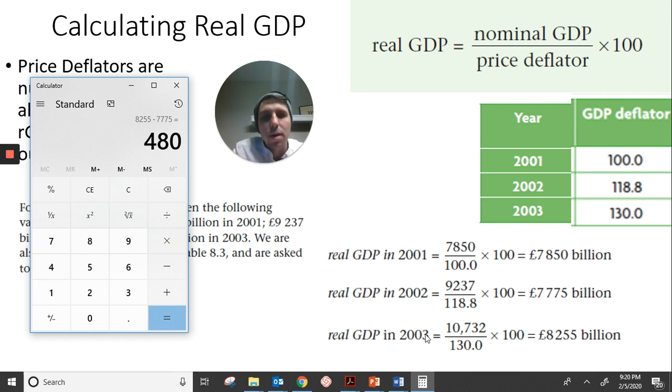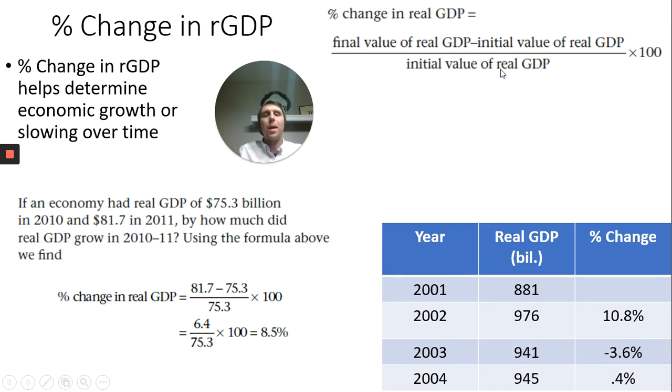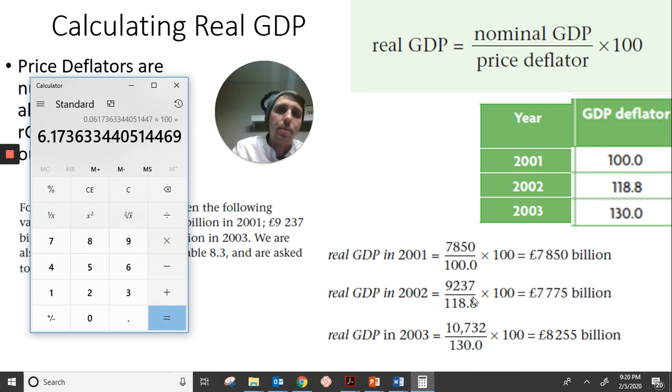So now I'm trying to figure out the percentage change from 2002 to 2003. So I have my difference. I need to divide it by my initial value and multiply by 100. So I divide it by my initial value, which is down here, 7775. Gives me a crazy small number, multiply by 100. Gives me 6.17, meaning the economy grew 6.17% between 2002 and 2003.